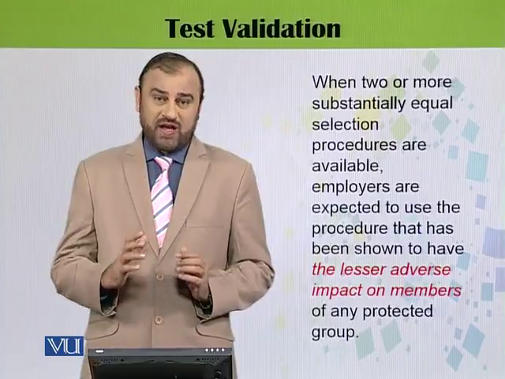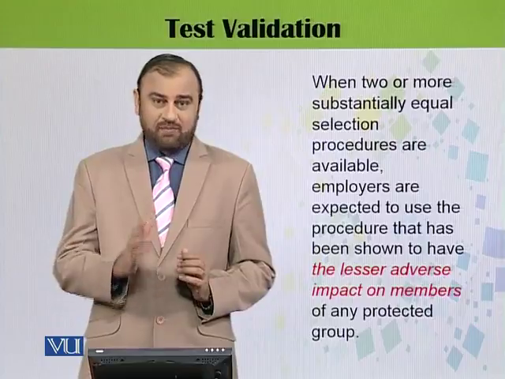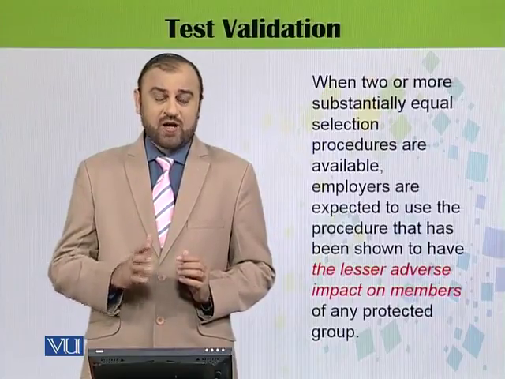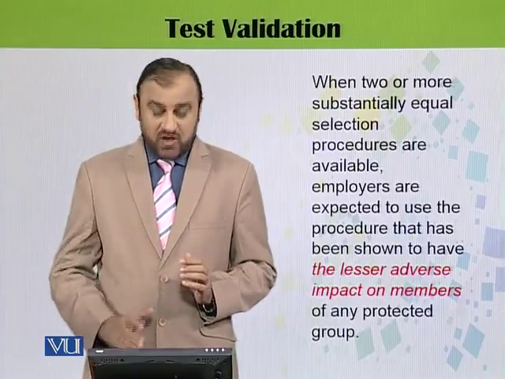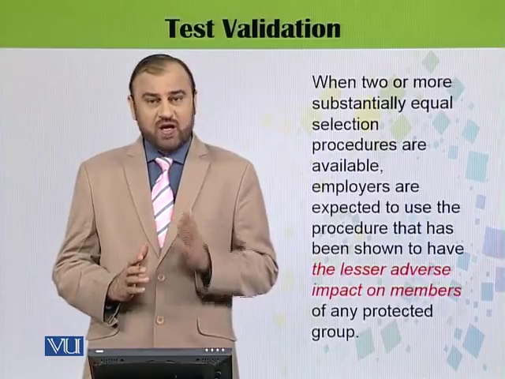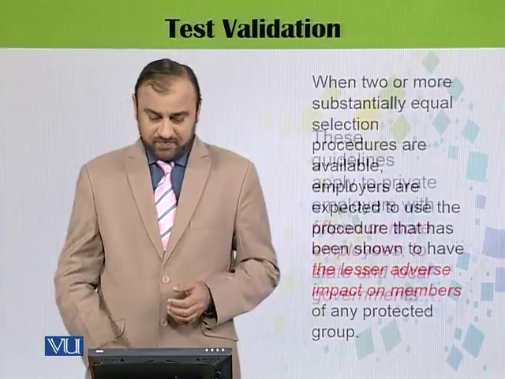And if you are using selection procedures which have an adverse impact on members of the protected group, obviously such procedures would not lead to better results. They would be discriminatory selection procedures. So we need to consider the components of equal employment opportunities in the selection procedures, particularly in employment testing.